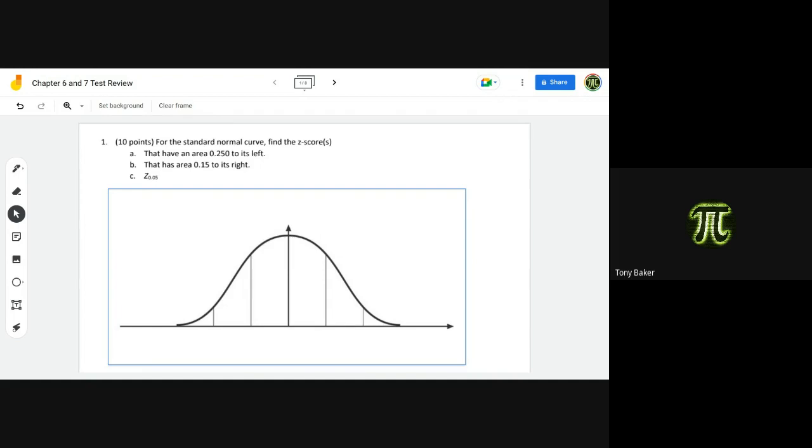All right, so the first question is literally just looking at the normal curve, and we're looking for the z-scores given specific criteria. So the first one says has an area of 0.25 to its left.